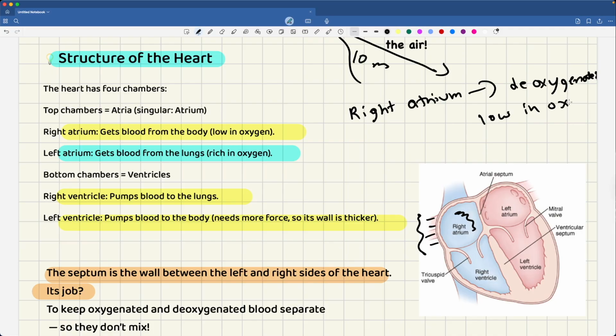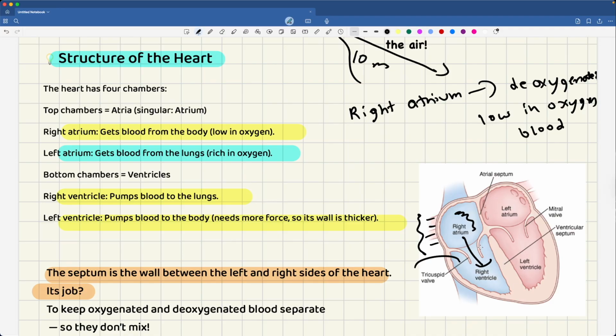After the right atrium has gained this blood, it contracts and the blood goes through to the right ventricles. So the function of right ventricles is basically to pump blood into the lungs.